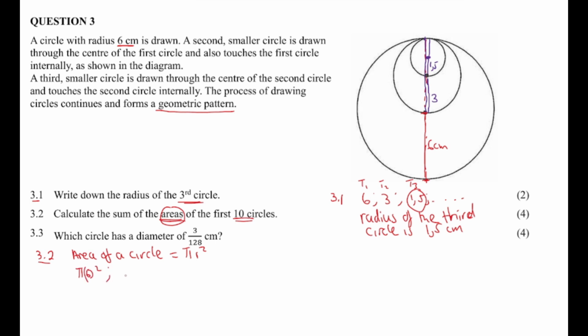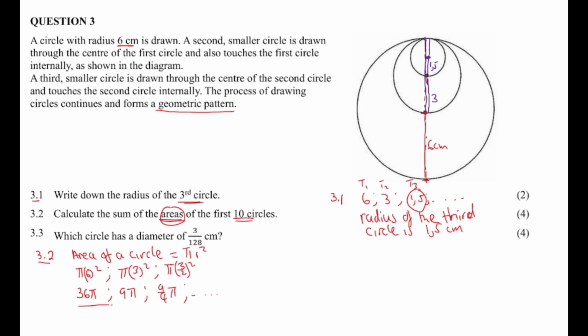The second one is going to be pi times 3 squared. And then the third one, 1,5 as a fraction is 3 over 2, so it's going to be pi times 3 over 2 squared. We're having a sequence like this: 36 pi, 9 pi, then 9 over 4 pi.